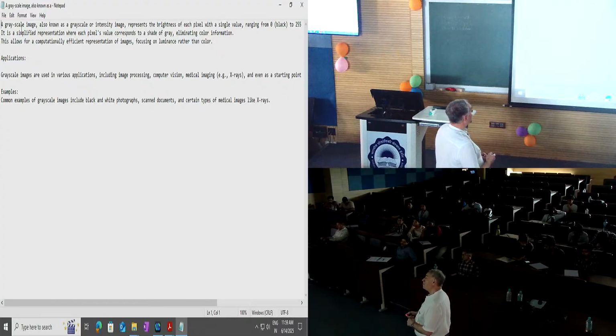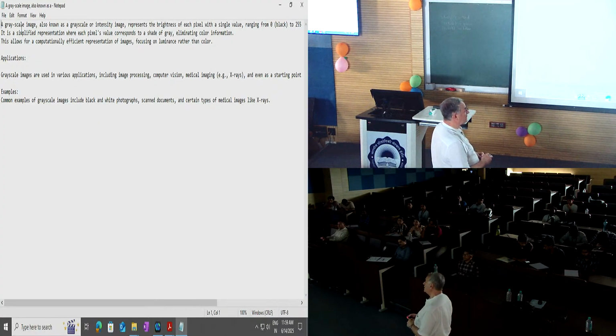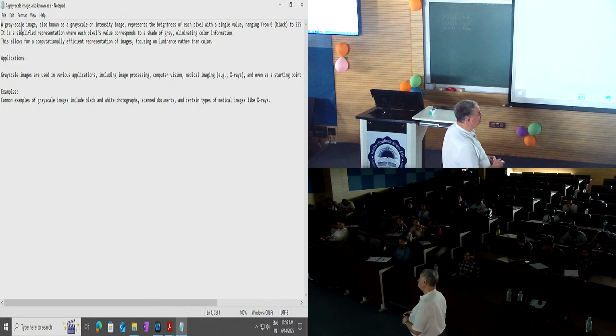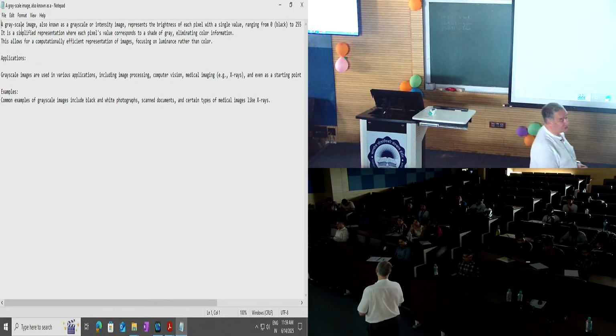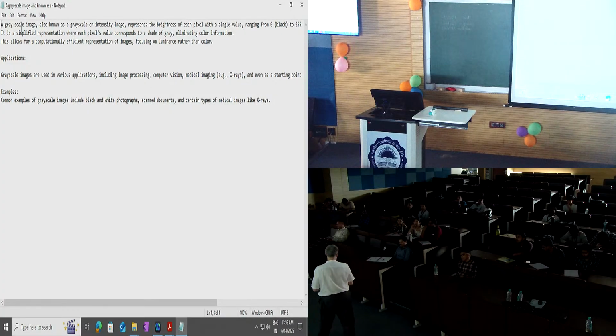Applications are in image processing, computer vision, medical imaging, managing black and white photographs, scanned documents, medical images, which are still actual.